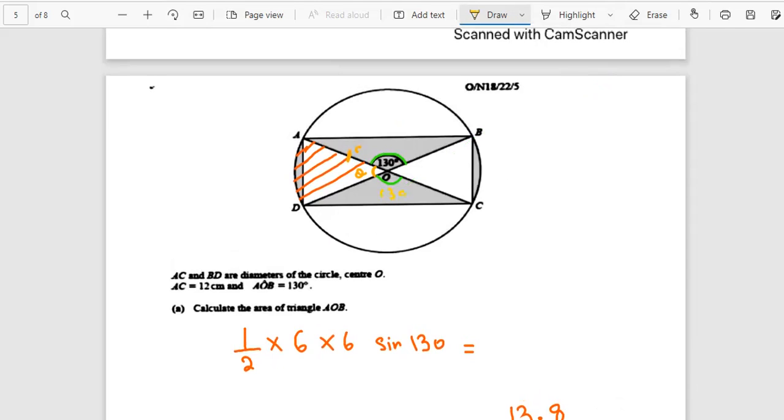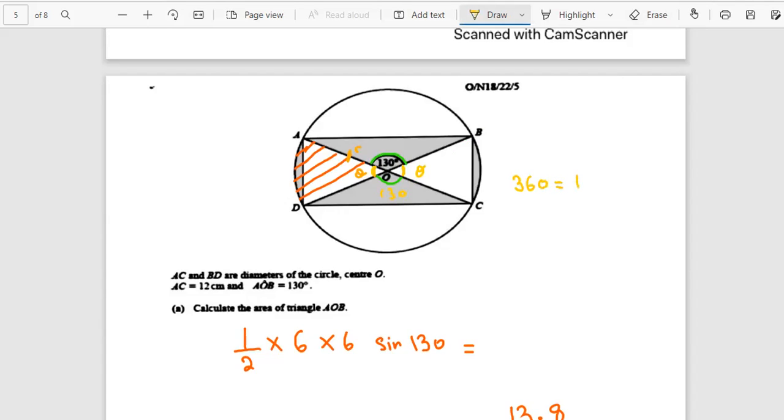Now this angle and this angle, they are equal because they are also vertically opposite, right? These two angles are equal. So let's say if that is theta, this one would also be theta. Now 130, theta, 130, theta. What exactly is that making? That's making a circle. Sum of angles in a circle is 360.